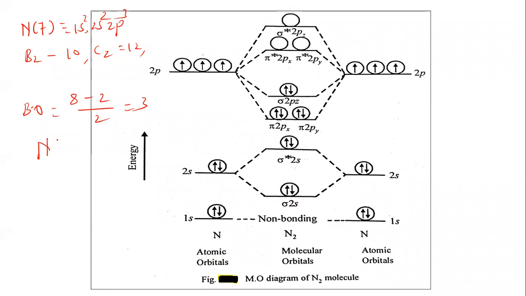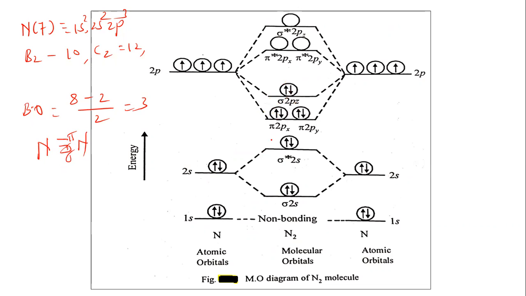It means that in the nitrogen molecule there is a triple bond. Triple bond between the two nitrogen atoms. Where one bond is a sigma bond and two bonds are pi bonds. This is one pi bond, this is another pi bond, and this is one sigma bond. So in the nitrogen molecule there is a triple bond. So the nitrogen molecule is a very stable molecule. Okay.